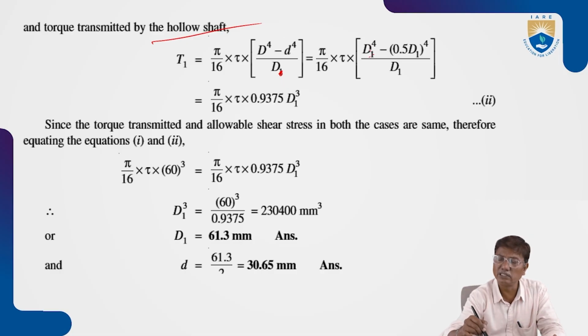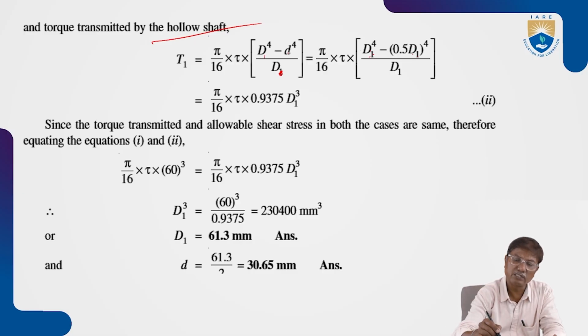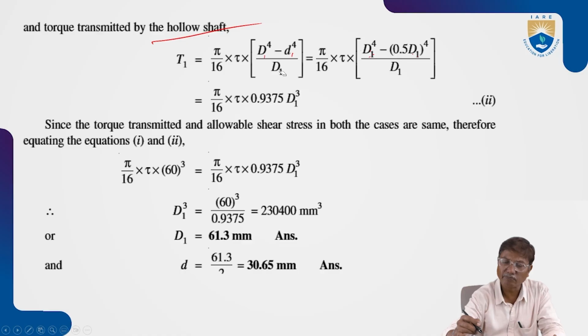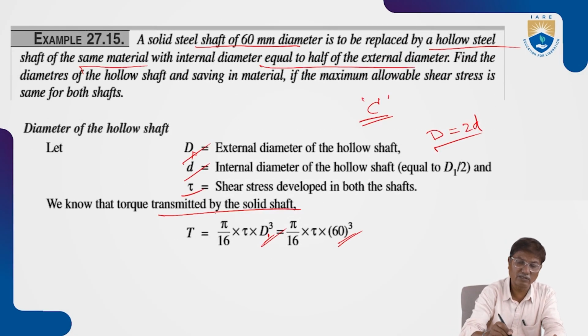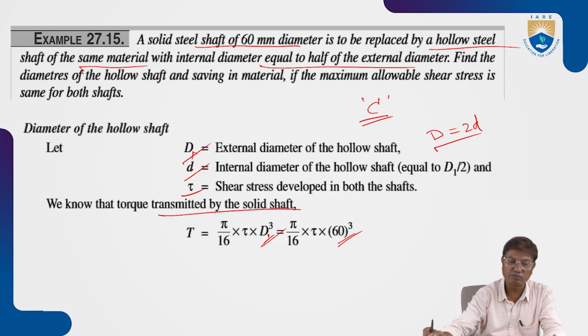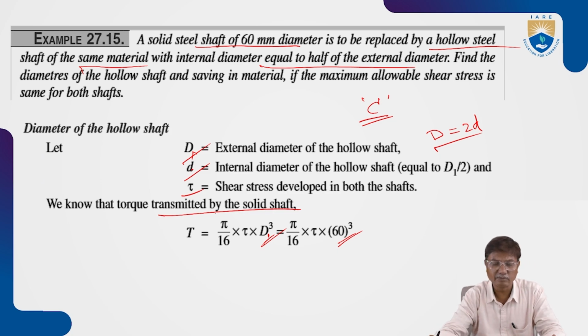Capital D power 4, and small d is 0.5 times capital D. Here also you can take it as D1 and small d, which is capital D1 by 2.